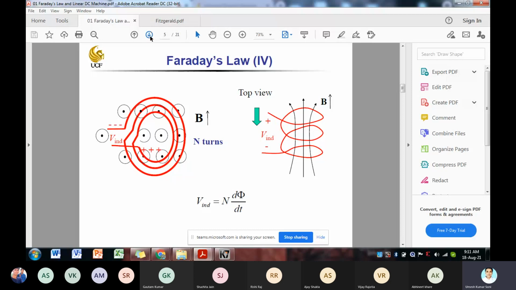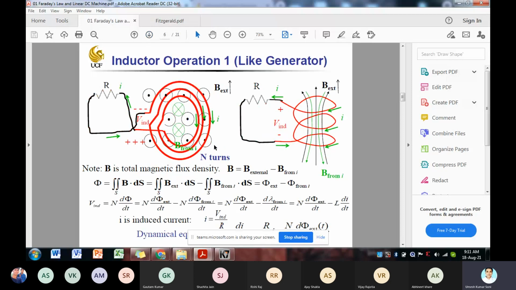And here this inductor operation like a generator is given. Whenever there is an external flux density, and flux density due to the current in the conductor, according to Lenz's law, the flux from the coil, current I, will exactly oppose the flux from the external source.